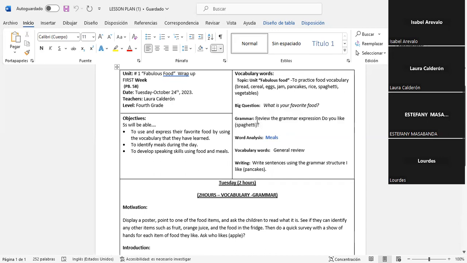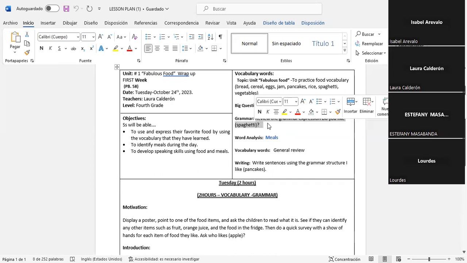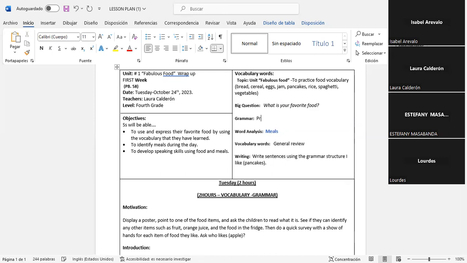You can write here, for example, present tense questions. Present tense questions, Laura, right? Okay, that is around present tense questions. Example, do you like spaghetti?